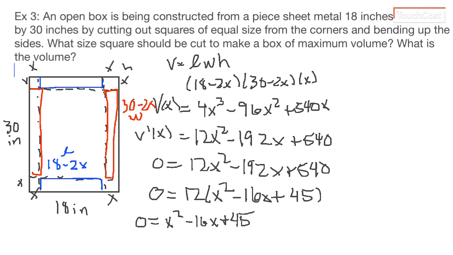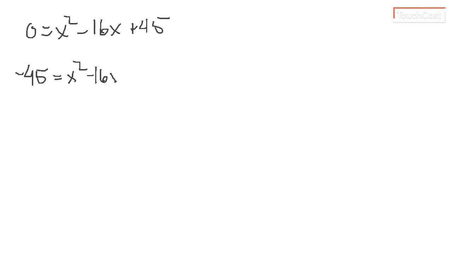As a reminder, what that means is, I'm actually going to go onto a new screen with this to continue. We could go and add 45 to both sides, subtract it, right away, and that's what I'm going to do. So negative 45 equals x squared minus 16x.